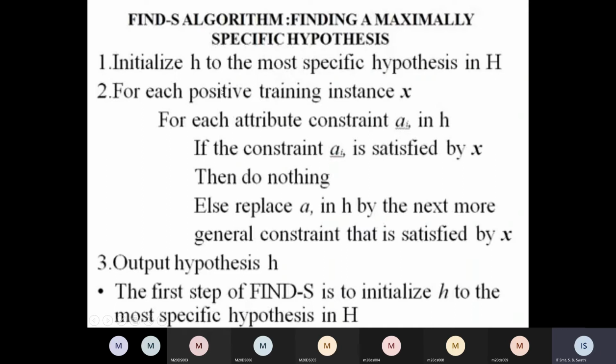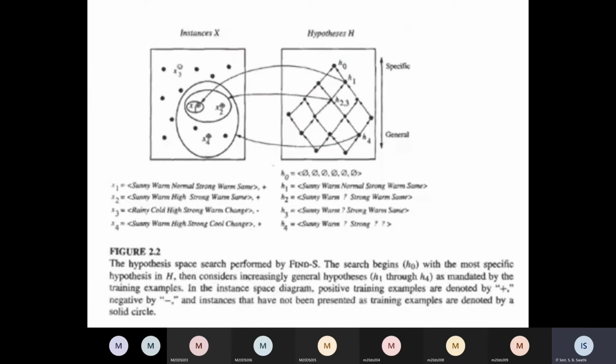Okay. Then next one is Find-S algorithm. S means specific hypothesis. We are trying to deal with the specific hypothesis. Now under this algorithm, the purpose of this algorithm is to convert the most specific hypothesis to a generalized hypothesis.